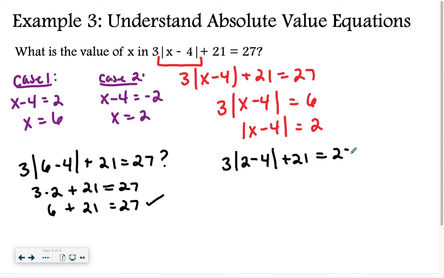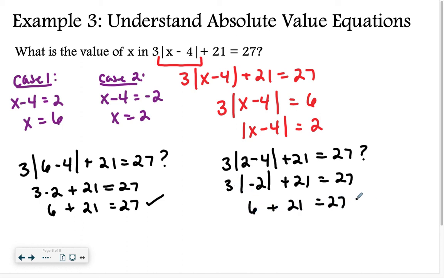Does that equal 27? So I have 3 times the absolute value of negative 2 plus 21. And the absolute value of negative 2 is just 2, so 3 times 2 is 6 plus 21 equals 27, and I know that's true. So I know my answers are x equals 6 and x equals 2.